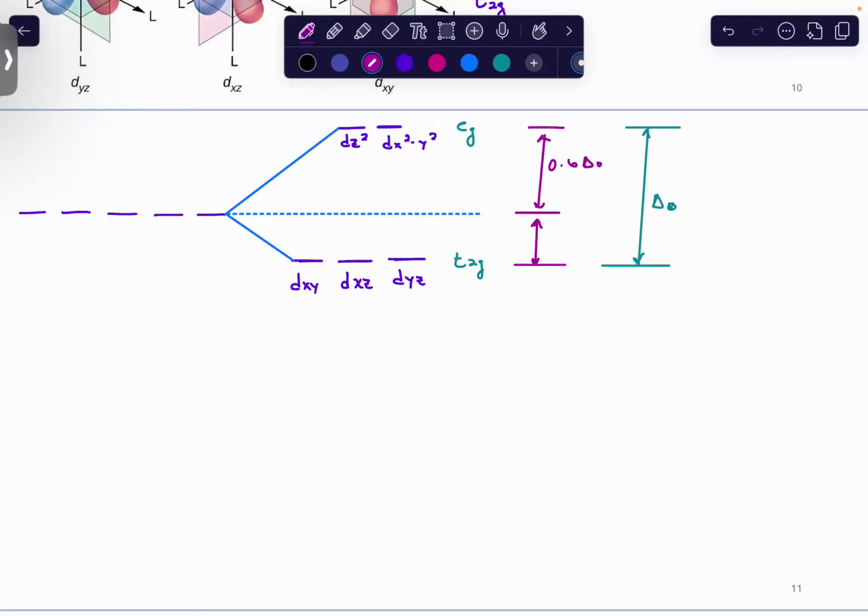And then down here, now it depends on the source you use. So since we've relaxed, we've stabilized from the centroid location, these orbitals are now lower in energy.